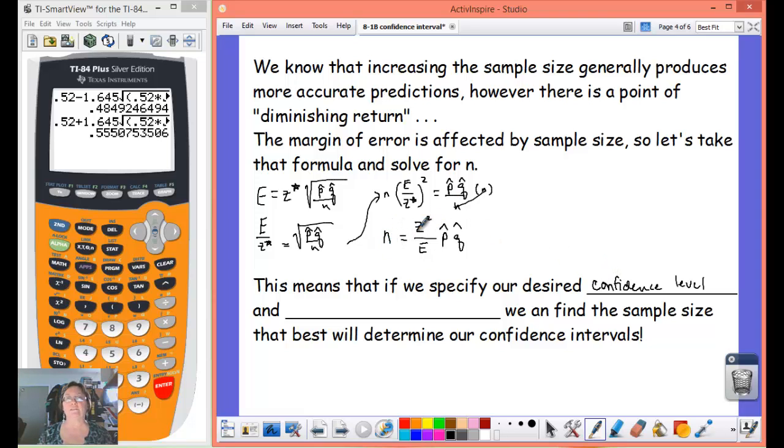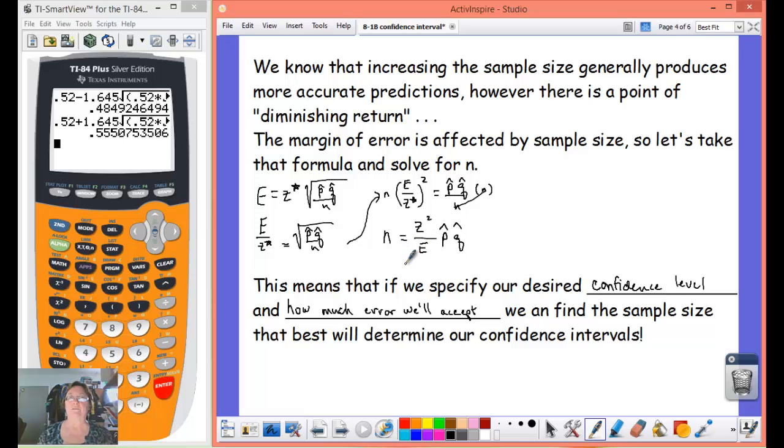So confidence level is the z that you choose, and we decide how much error we're willing to risk, how much error we'll accept. Folks, if that's true, we can find the sample size that will get our confidence intervals being just like we want them, with a desired confidence level and an acceptable error limit.